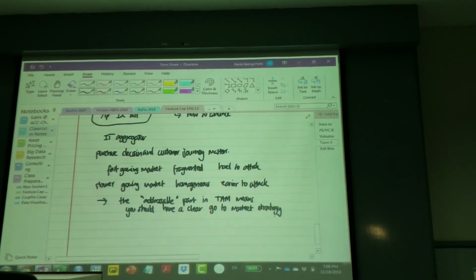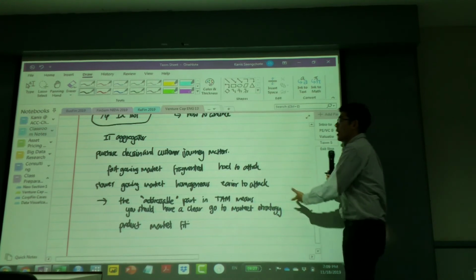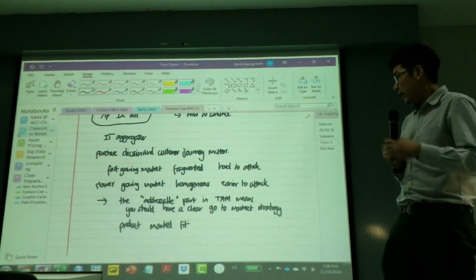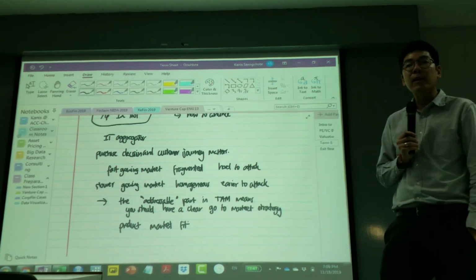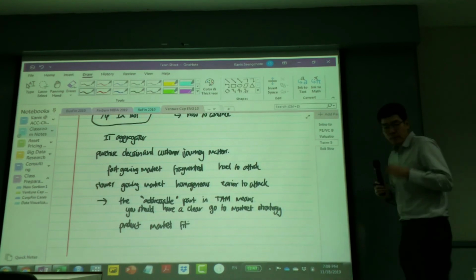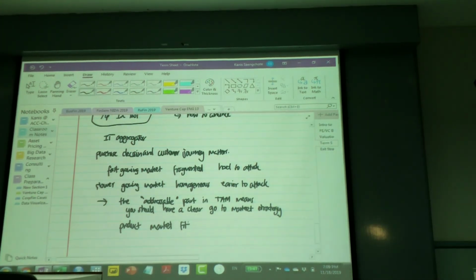If you don't have a clear go-to-market strategy, then the addressable part loses all its meaning. So when people talk about product market fit, that's what it really means. When you try to quantify a market opportunity, if you don't do it carefully, you can end up misleading yourself, then it becomes not so meaningful.